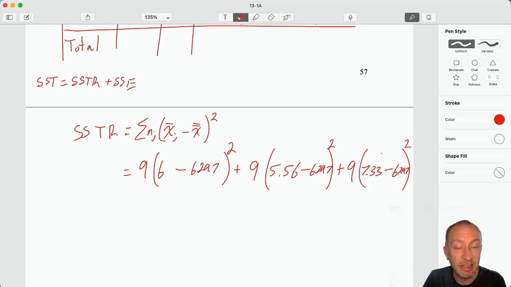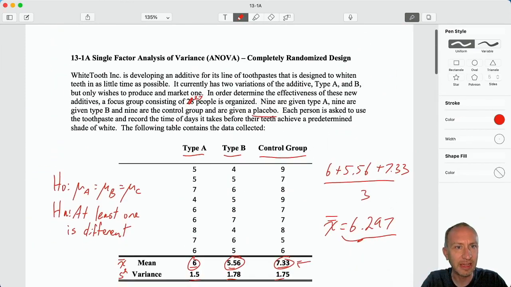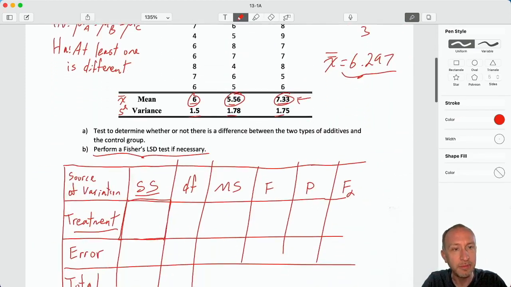Now we'll go through and calculate these. You can see here when we have identical sample sizes, there are often shortcuts. One of those shortcuts we saw was calculating the grand mean as just the mean of the means.